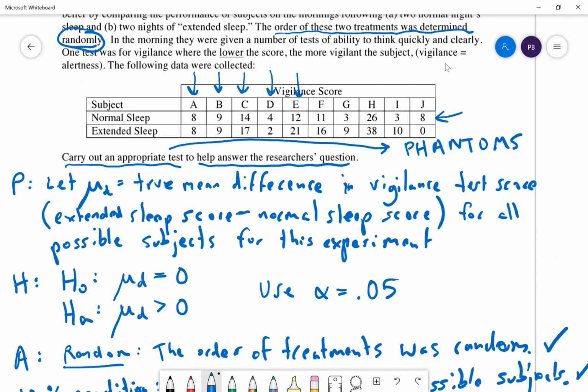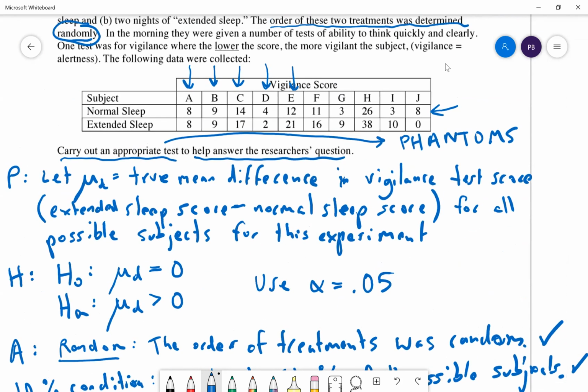And that's because we're not actually running the significance test on these individual scores. We're not running it on the normal sleep scores or the extended sleep scores. We're running the significance test on the difference between the scores. So that's why we want to calculate those differences. And we can use our calculator to help us with that. So I'm going to move to the calculator so that we can graph this data.